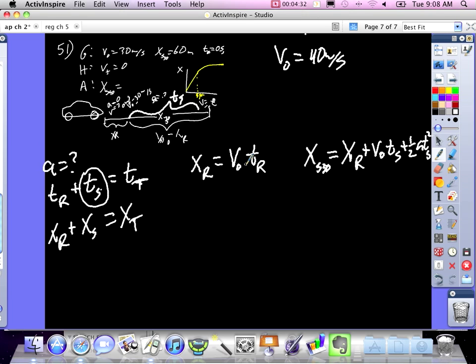And then I went over here and I said, can I start playing with this? But then I have a time that's unknown and I have an acceleration that's unknown. So that's not that helpful. But if I have this distance here, and we know that the initial velocity for this distance was 30, and we know the final velocity is 0, then we can use this equation.